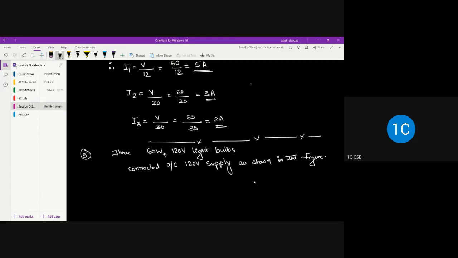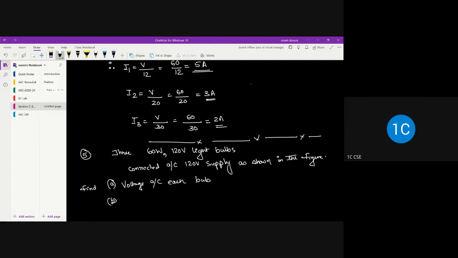Find, first, the voltage across each bulb.